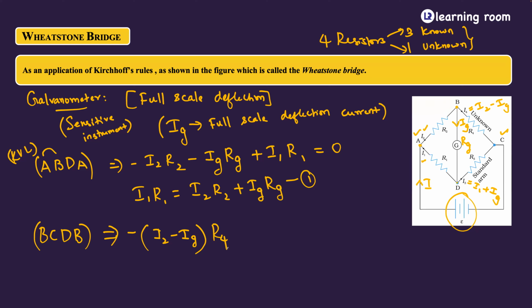Similarly, when you go from C to D, it will be negative of I1 plus Ig into R3. And when you go from D to B, it is going to be plus Ig into Rg, because you are going in the direction opposite to the current. So this will be equal to 0.